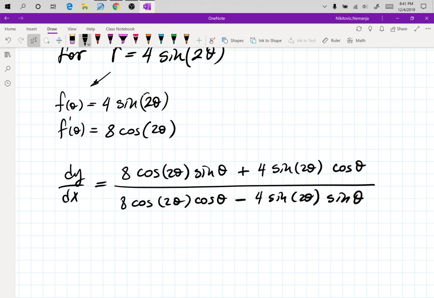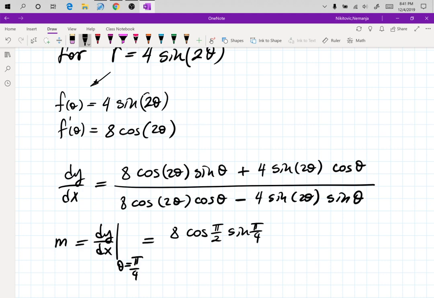Now we compute the derivative at theta is equal to pi over 4, because that's where they want us to compute the tangent line. Well, awesome. Just plug in pi over 4 everywhere. So 8 cosine, hey, 2 times pi over 4 is pi over 2. And then you have sine of pi over 4. But cosine of pi over 2 is 0, so it's going to kill the term.